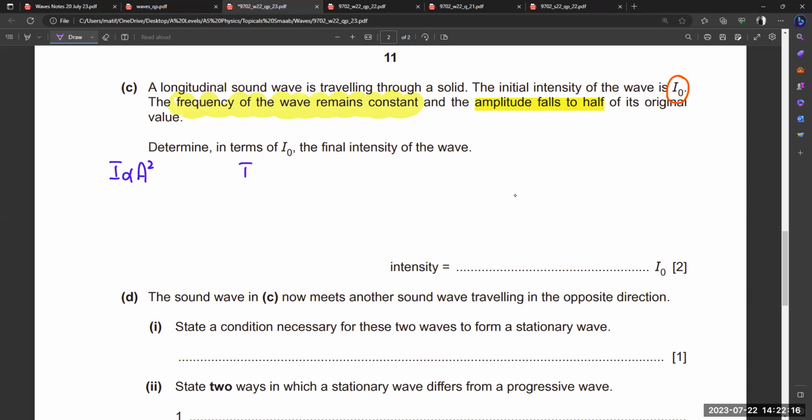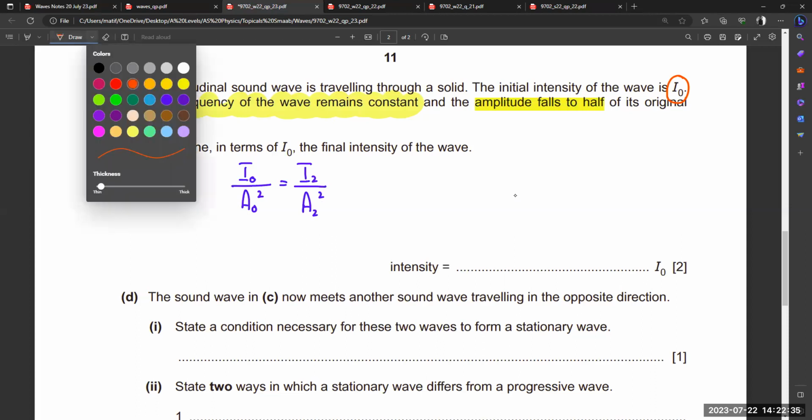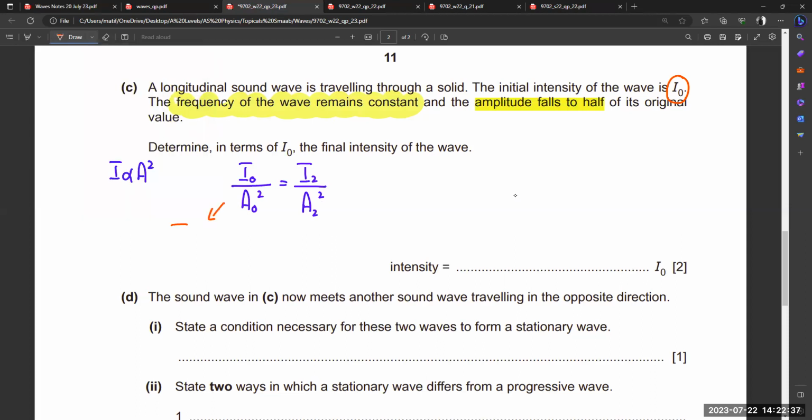Let's suppose we consider the initial as I naught over A naught square. This is our initial, right? Is equal to what? I2 over A2 square, right? So the left hand side represents the initial form, and the right hand side gives you the final form, right?